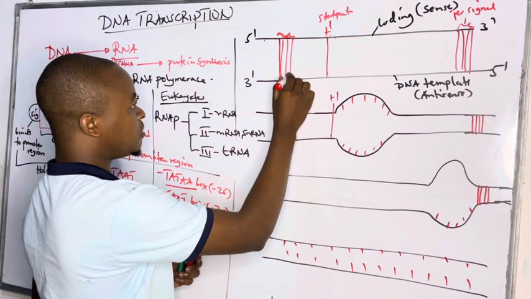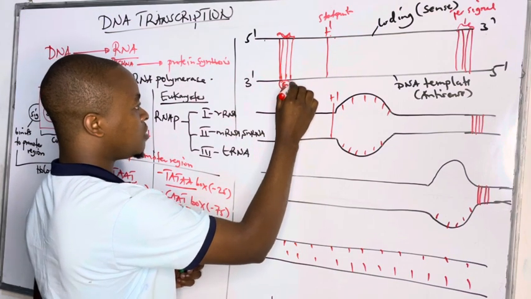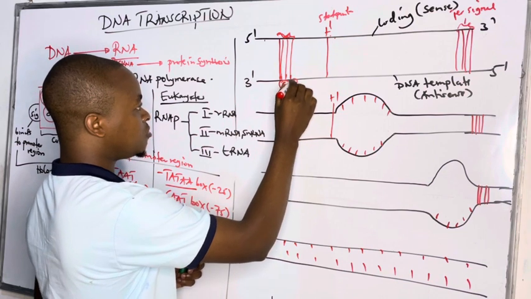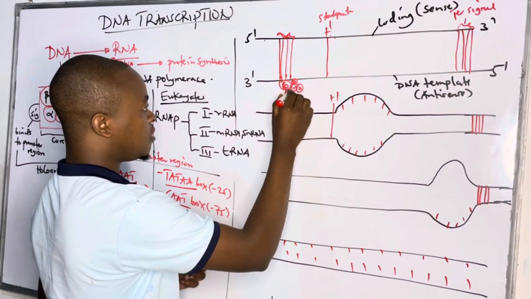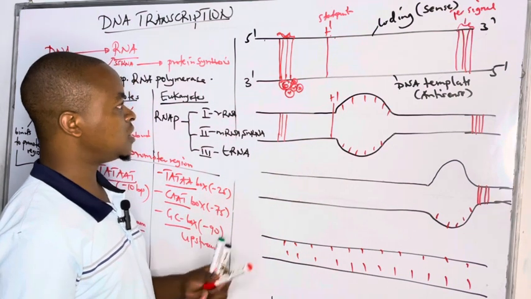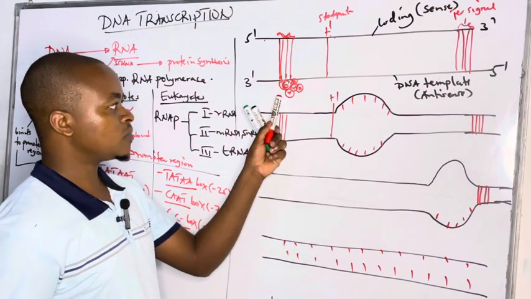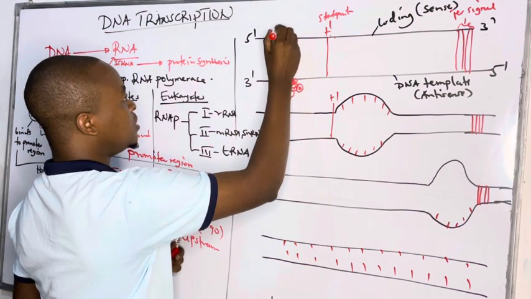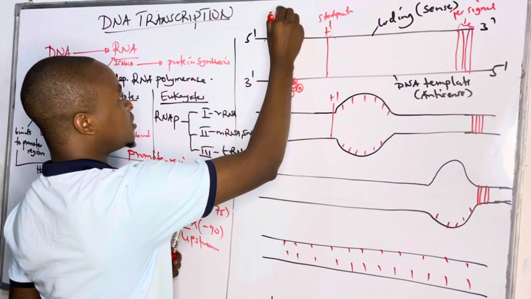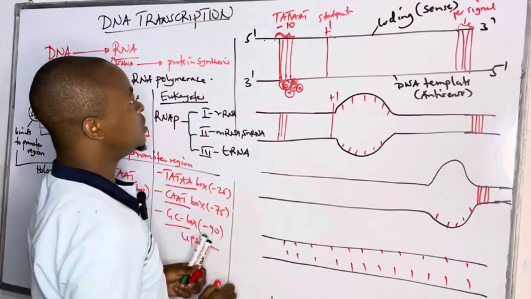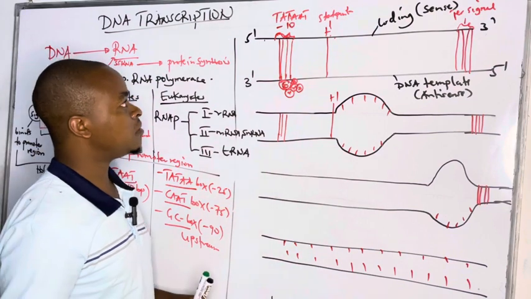attaches on the promoter region together with the core enzyme, that is 2 beta and 2 alpha, and it attaches on the promoter region using the sigma subunit. And after attaching on the promoter region, this one might be the -10, what we call TATA, TATAAT.